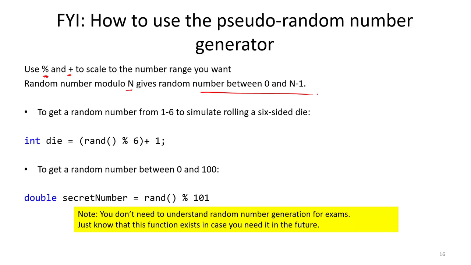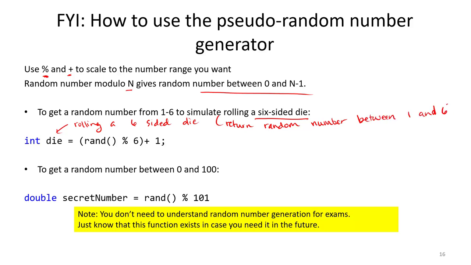For example, suppose you were making a program that you wanted to simulate rolling a 6-sided die. So in this case, we could declare an int variable named die, which would be like rolling a 6-sided die. So we need to return a random number between 1 and 6.